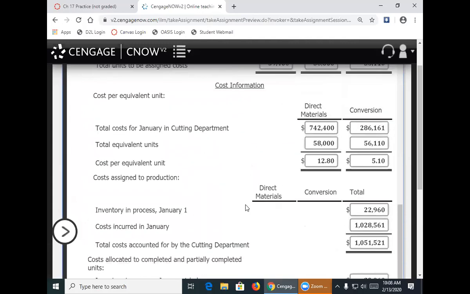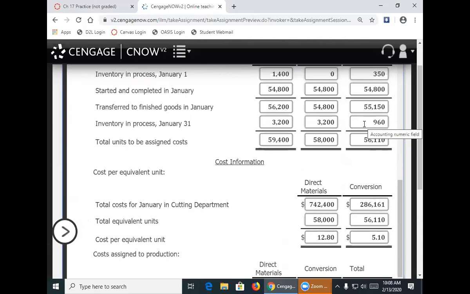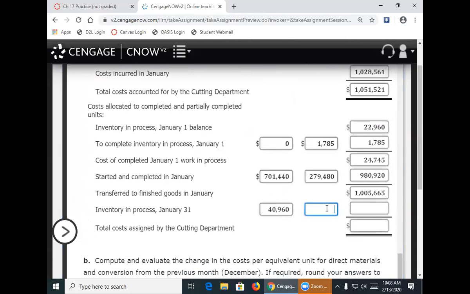For conversion, I had 960 equivalent units times $5.10, which is $4,896. And then the rest is just adding. We add the row to get our total ending inventory, $45,856. And then total cost assigned, we add those two together: $1,051,521.